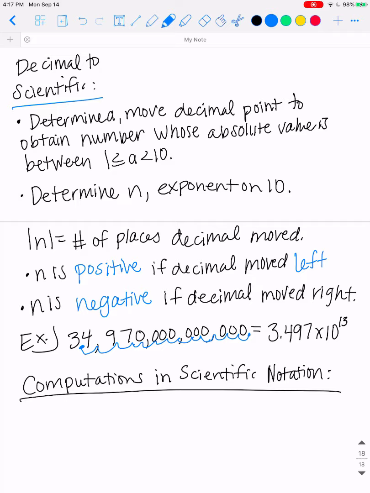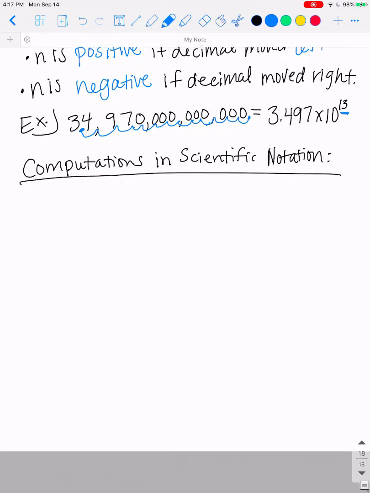I stopped there because 3.4 is between 1 and 10. I didn't stop behind the 7 because 3,497 isn't between 1 and 10. Since I moved the decimal left 13 places, we have 3.497 times 10 to the 13.